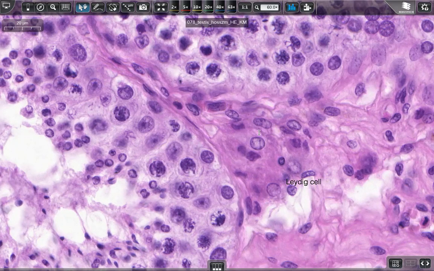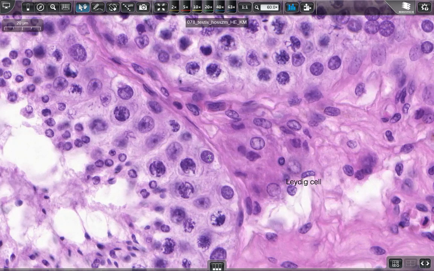We have two cell types in the testis which are not part of the germinal epithelium, not developing cells. These are the Sertoli cells. These Sertoli cells are supporting cells because they keep up the blood-testis barrier, forming a special microenvironment for the maturing cells in the lumen.